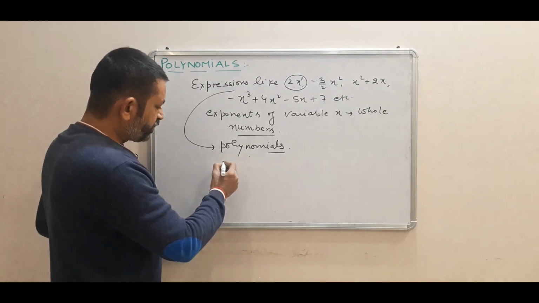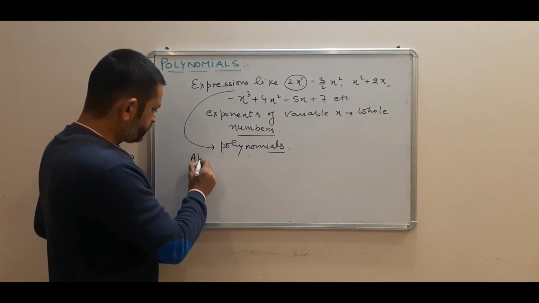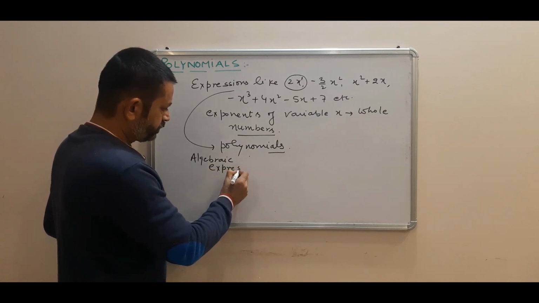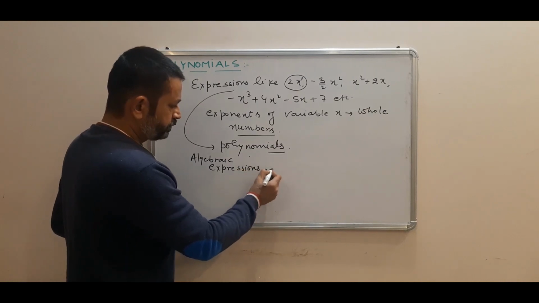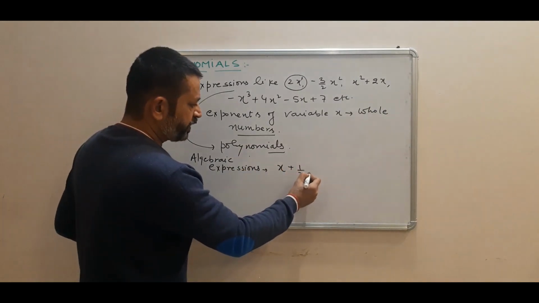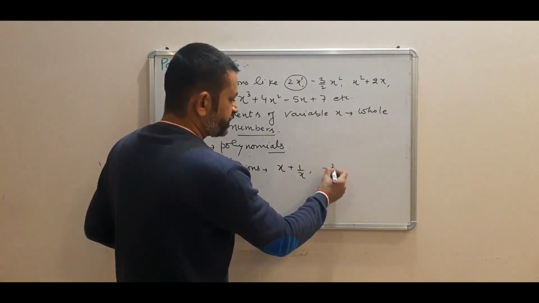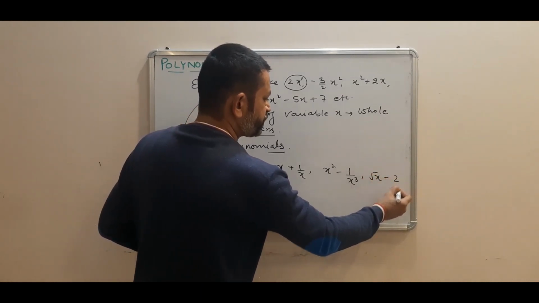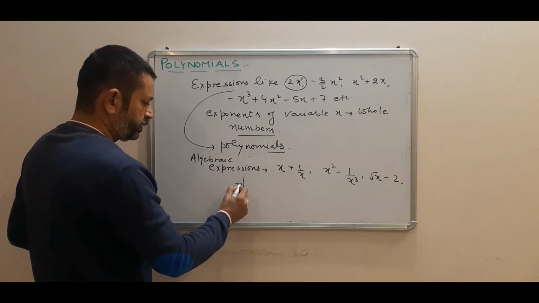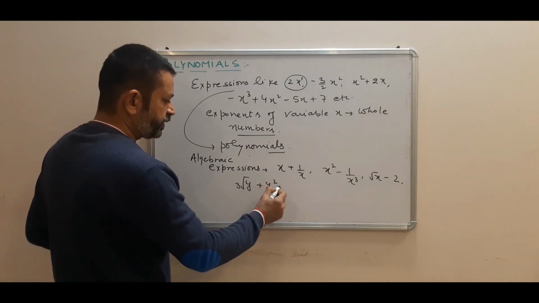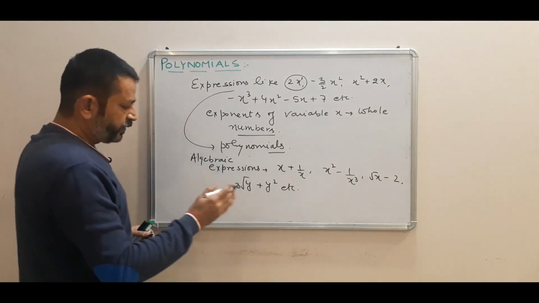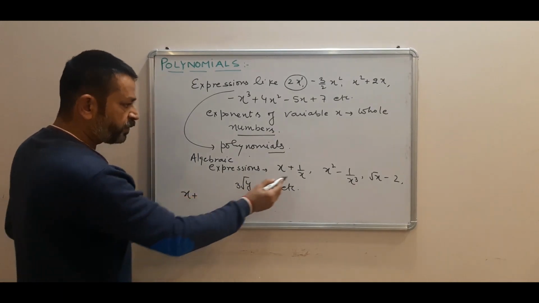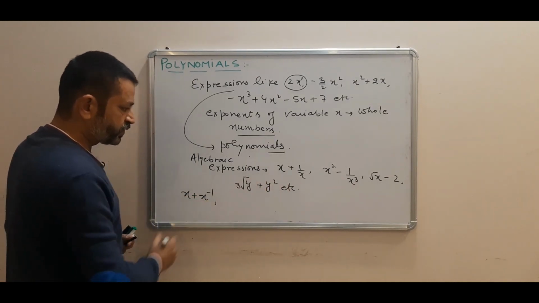Now consider some more examples of algebraic expressions. x plus 1 upon x, x square minus 1 upon x cube, under root x minus 2, cube root of y plus y square, etc. If you look at all these expressions, in the first one, x plus 1 upon x can be written as x to the power minus 1.